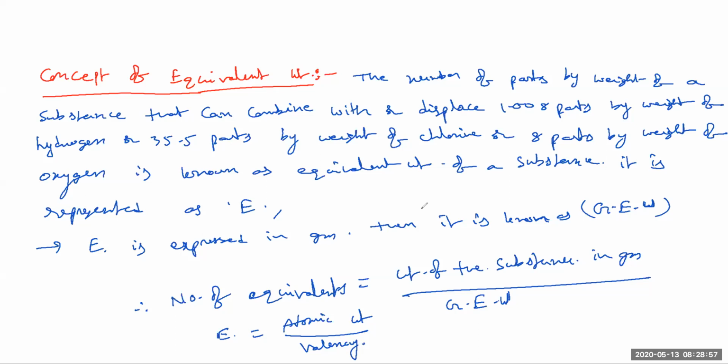Can I clear this? Take some examples now. Columns: element, atomic weight, valency or n factor, equivalent weight.